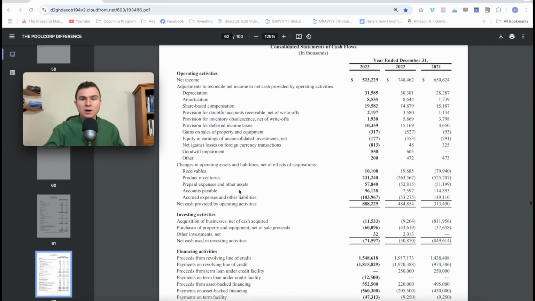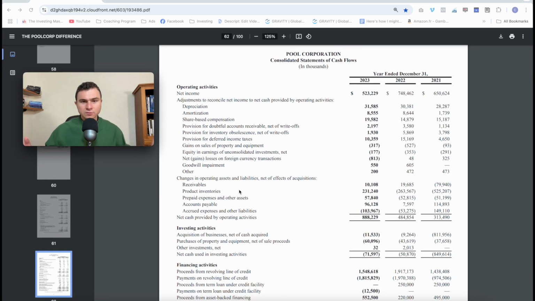So how is a cash flow statement produced? You start with net income that you just had with your income statement, and you adjust for some numbers. For example, you add back depreciation and amortization to net income because these are artificial costs.